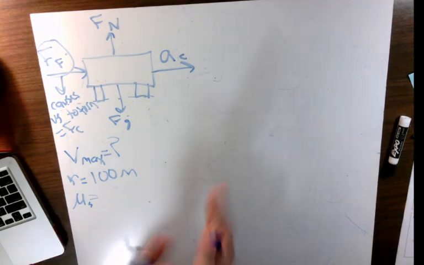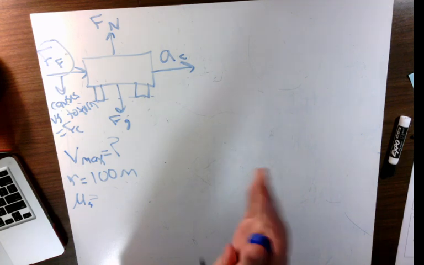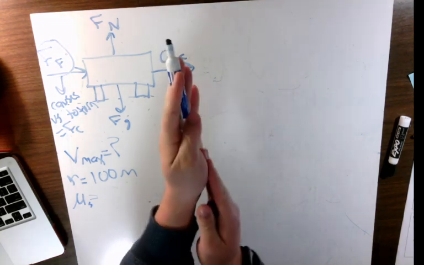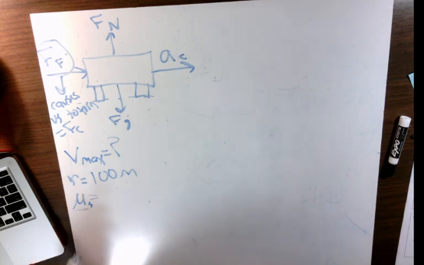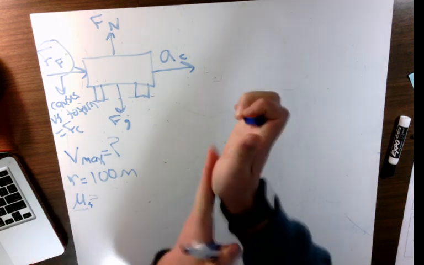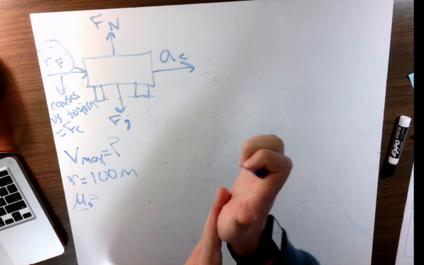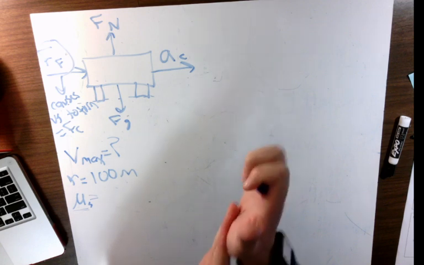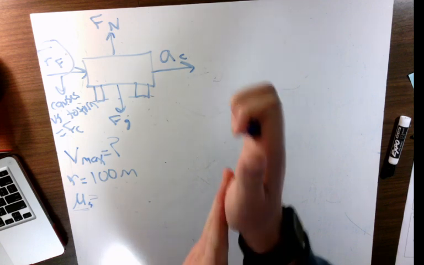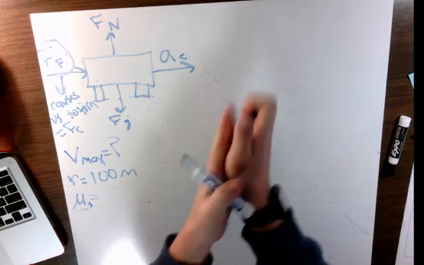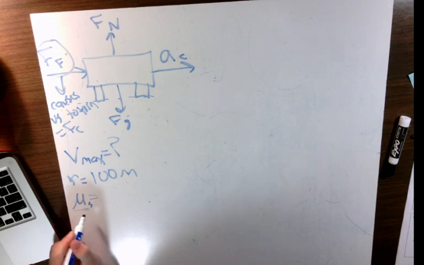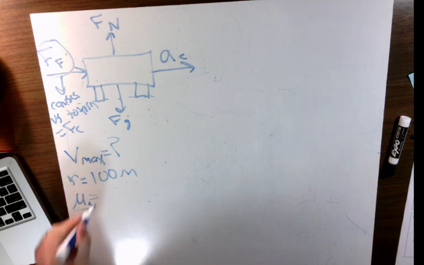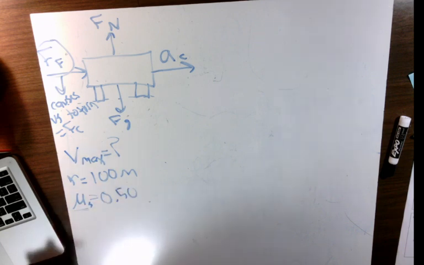Until they're sliding, we're still working with static because they're still gripping against each other. They haven't yet broken that resistance. They haven't split apart. They haven't started drifting. So we're working with static coefficient of friction, and it's given as 0.5. No units.